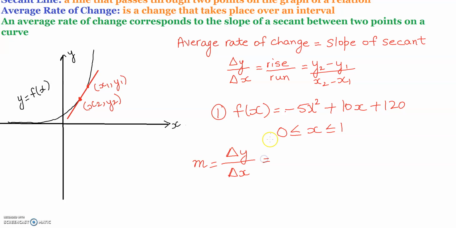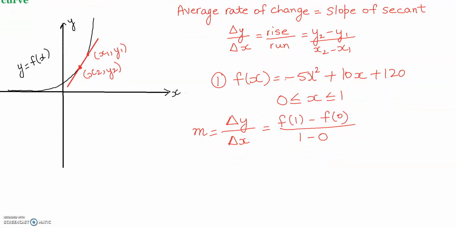In this case, I have f of x, so I can say f of 1 minus f of 0 over 1 minus 0. So first I will calculate f of 1. That means wherever I see x in the equation, I will substitute 1. So I will write minus 5 times 1 squared plus 10 times 1 plus 120, and I will calculate that.